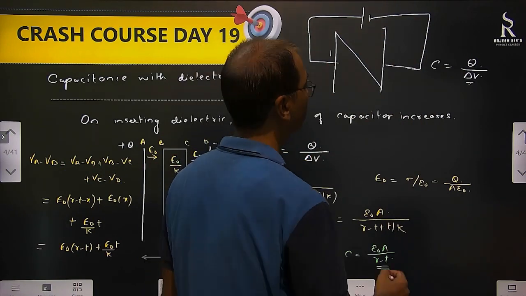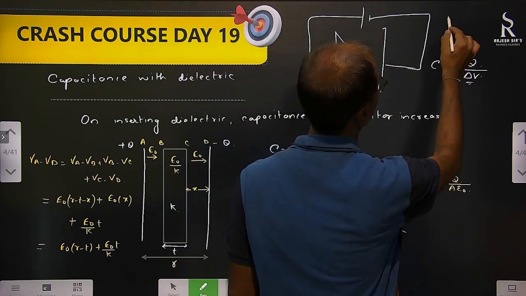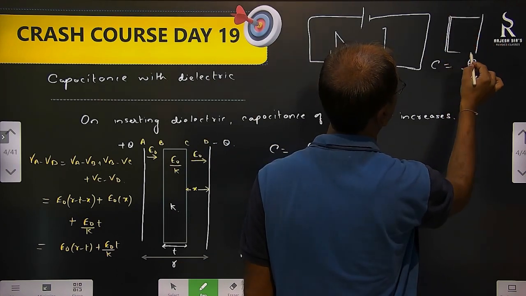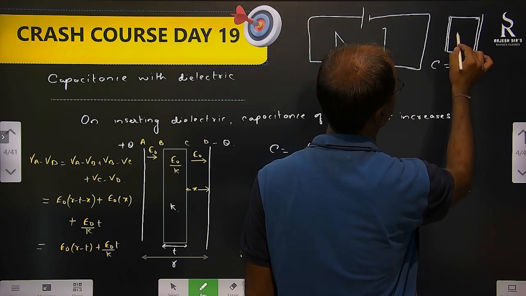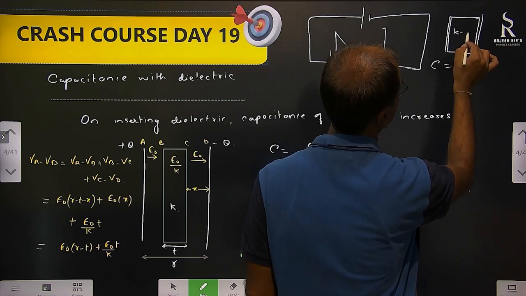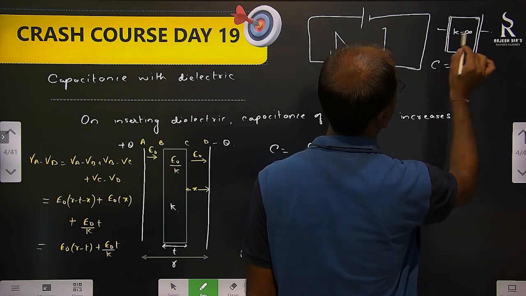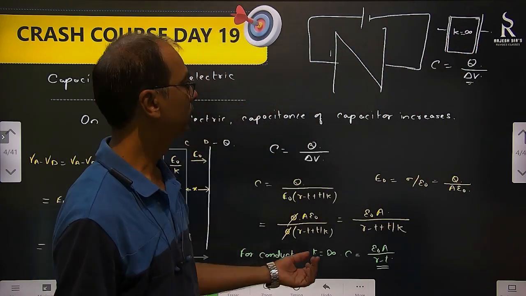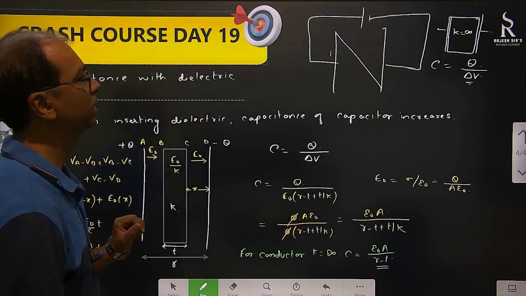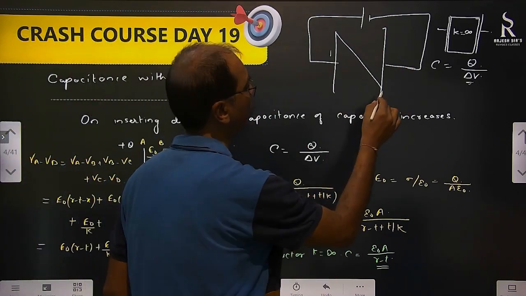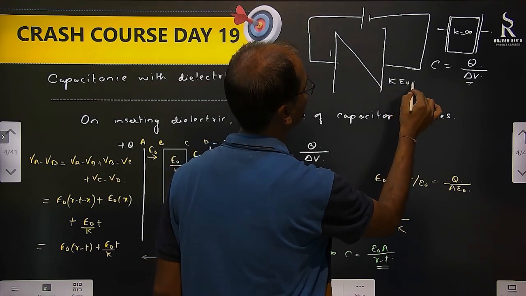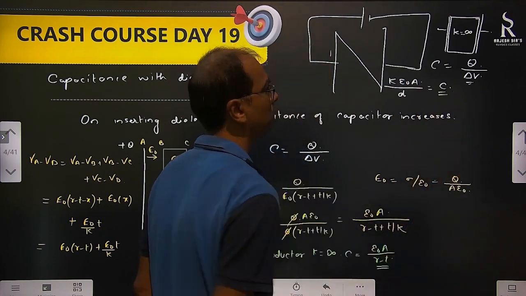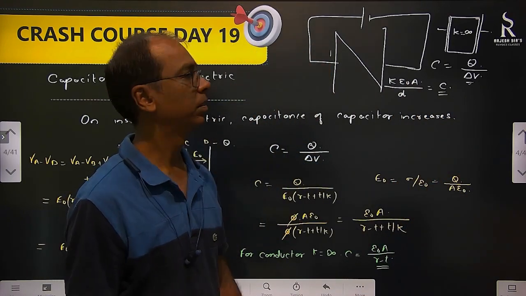It is very similar to if we are going to have a capacitor which is fully packed with a conductor. K equal to infinity. Both are same. So if K is infinity, then if we are talking about epsilon naught or K epsilon naught A by D, capacitance seems to be infinite, but how much charge is stored?